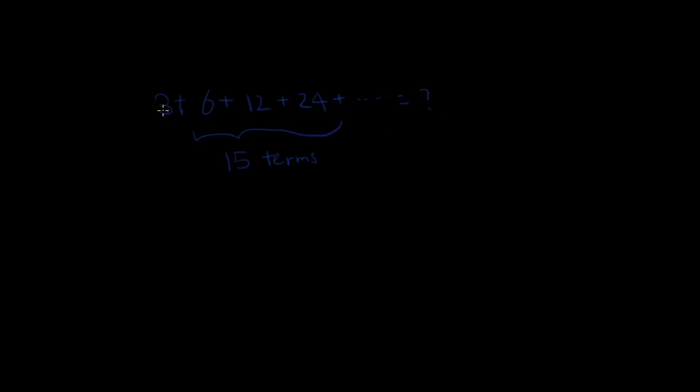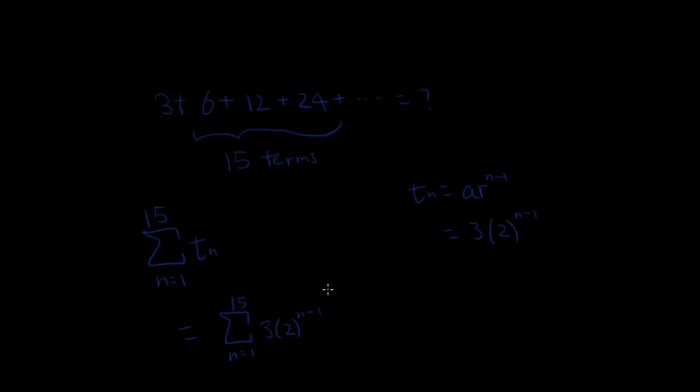We can express this whole series as sigma from n equals 1 to 15 of Tn, and since Tn equals a times r to the n minus 1, which is 3 times 2 to the n minus 1, this is also equal to sigma from n equals 1 to 15 of 3 times 2 to the n minus 1. So over here is our formula for this geometric series.